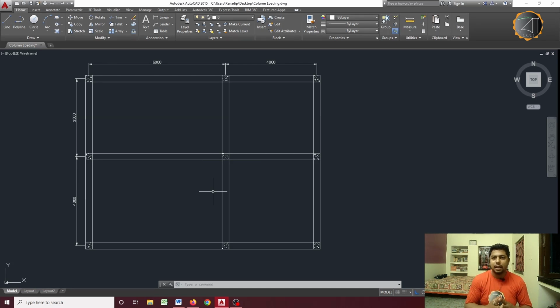That particular area from where a structural member is getting affected, the area which is influencing that member, is called the influence area for that structural element. So first we determine the influence area for the column, and then we calculate the loads present within that influence area. That will be the final load on that member.